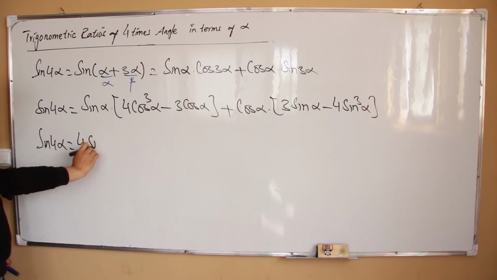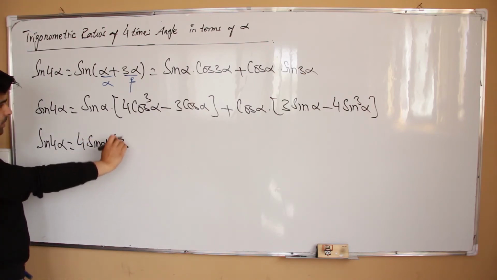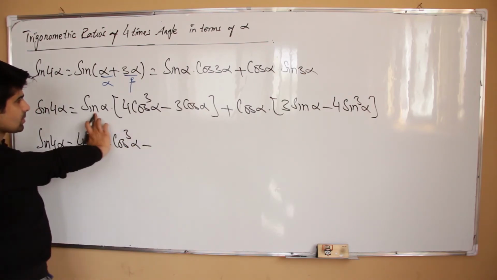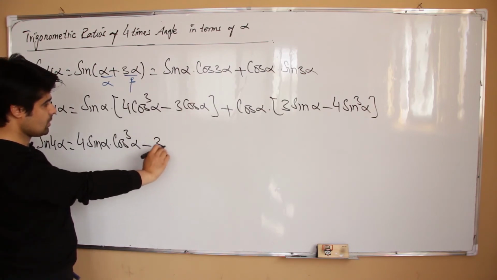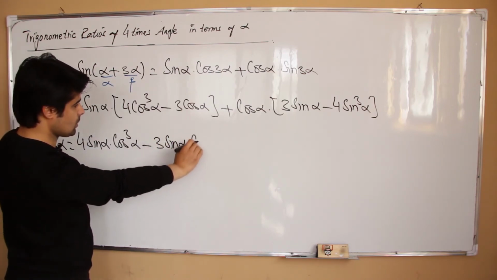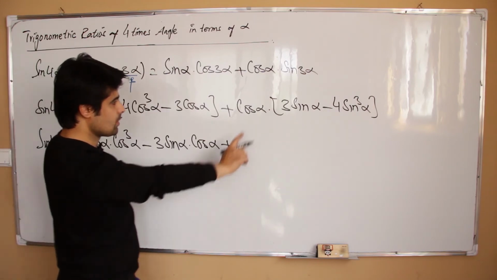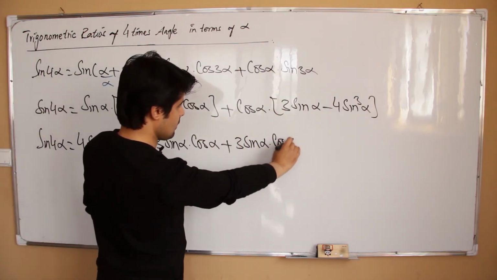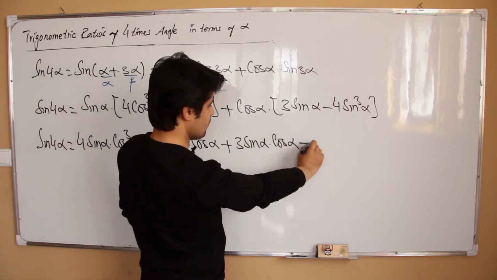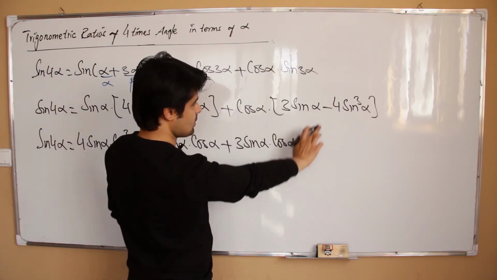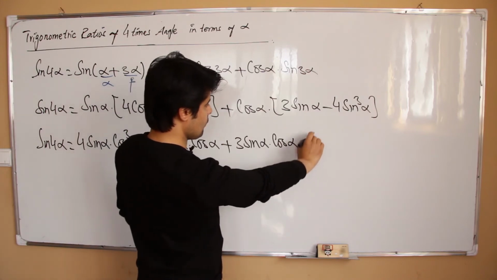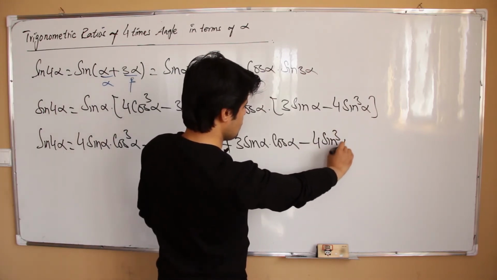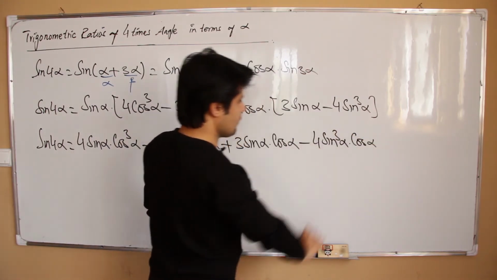This is 4 sine alpha cosine cube alpha minus 3 sine alpha cosine alpha, plus 3 sine alpha cosine alpha, and with this negative, it's negative 4 sine cube cosine alpha.